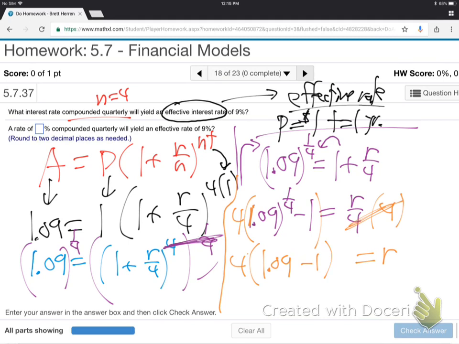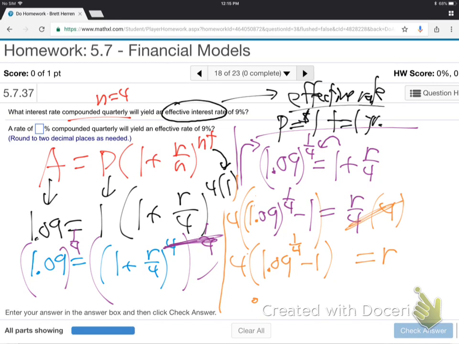It's a messy problem. Okay, so what do we get? 1.09 to the 1/4.